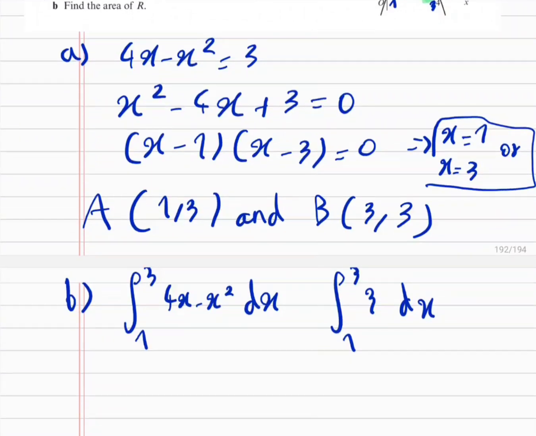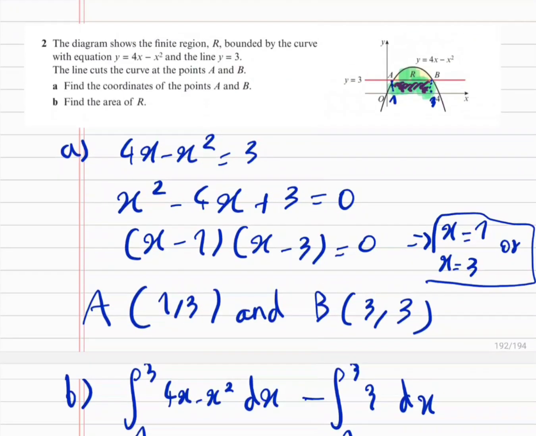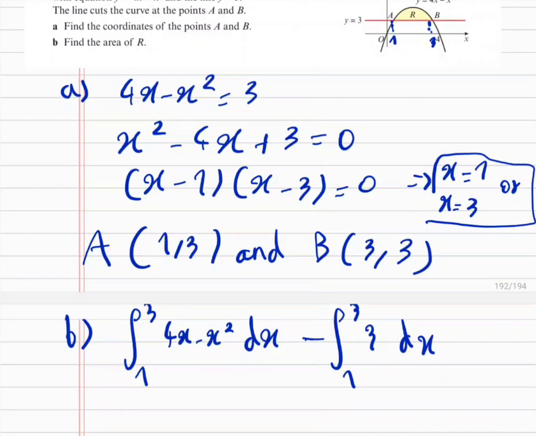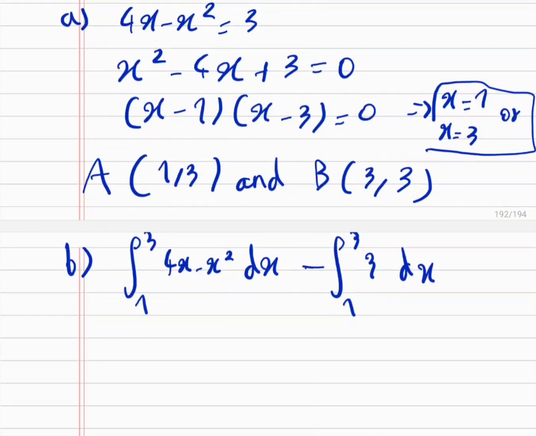In this case, it's simply the area under the curve minus the area under the line, and that is indeed going to give you the yellow region. Because you are finding the total area minus the area under the line, that will give you the area of the yellow region.